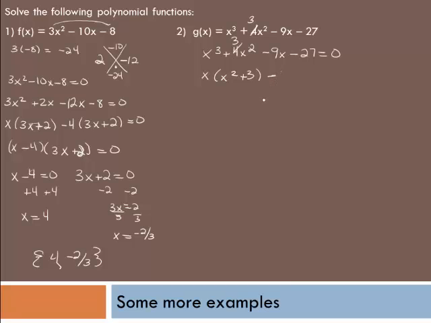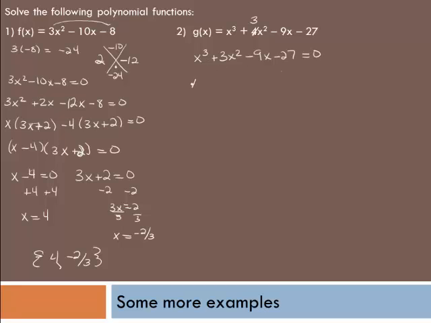What on earth did I do there? Okay, yeah, I went back and checked. That's meant to be a 3. Sorry about that. Set it equal to 0.